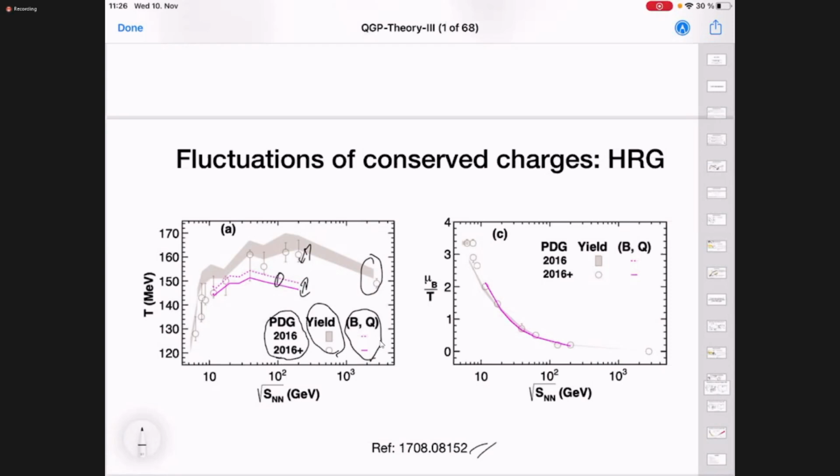And what we have here is the extraction of the temperature, and this is the extraction of mu_B by T. One thing to notice is that, across the beam energies, there is a systematically smaller temperature that you extract when you use fluctuations of conserved charges compared to when you use the mean of these hadron yields.